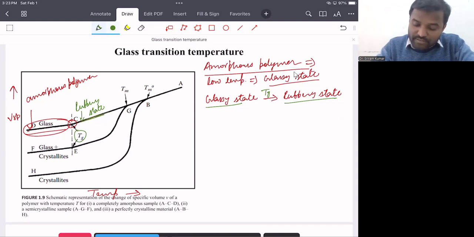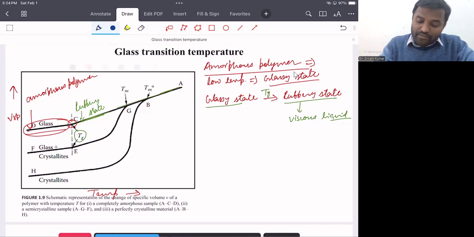This range is the rubbery state, and if you further increase the temperature, it becomes a viscous liquid. Okay, so now we understand what the amorphous polymer is and what transition happens in it.